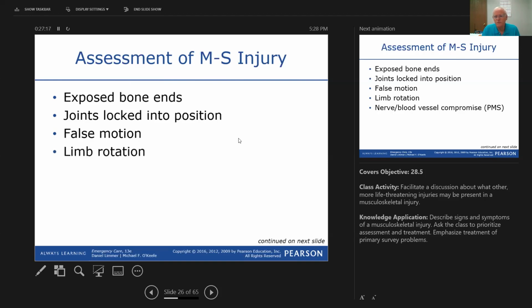Limb rotation, I put this in because the classic presentation for somebody that has a hip fracture is that their leg will be, pretend these are their feet, on the side of a fracture, shortened and externally rotated. That's classic for a hip fracture. So if you come across somebody who's got pain in their hip, don't know if it's broke or not, look at their feet.